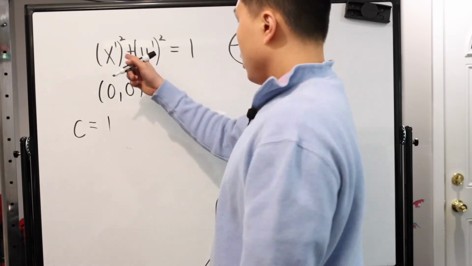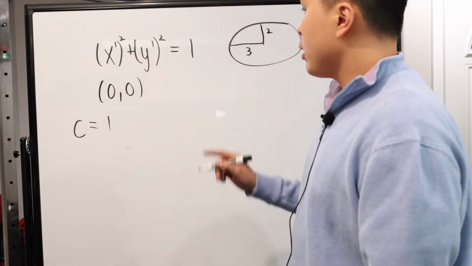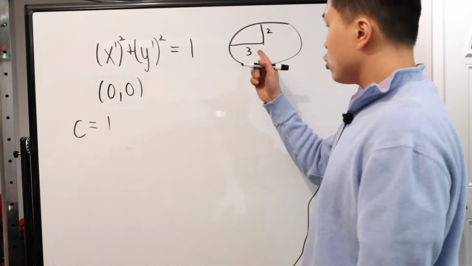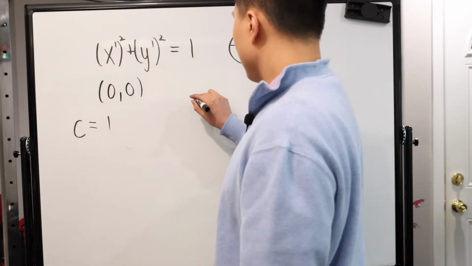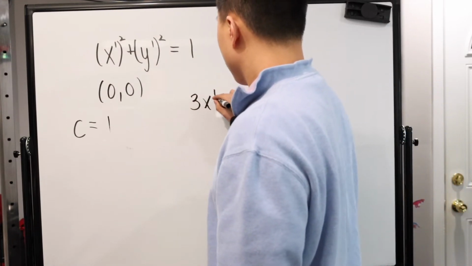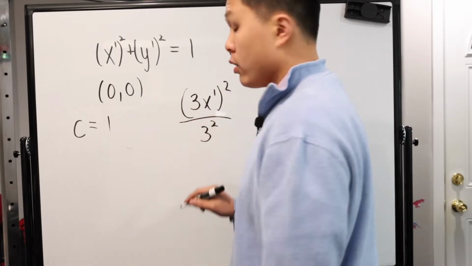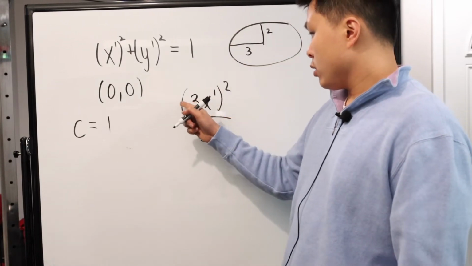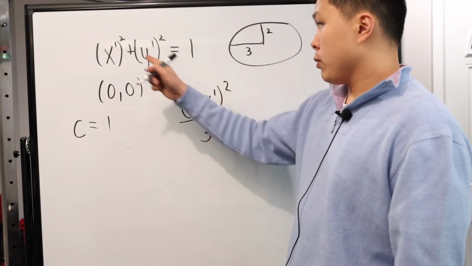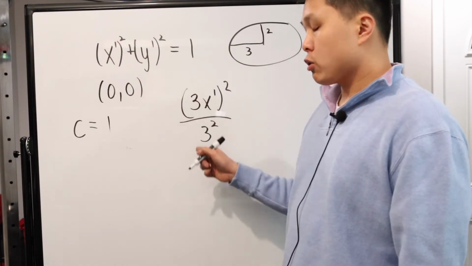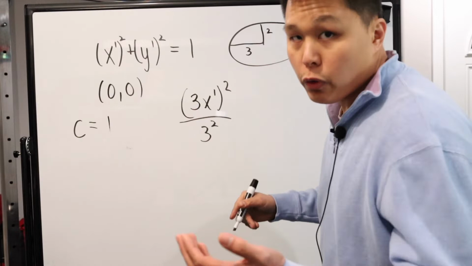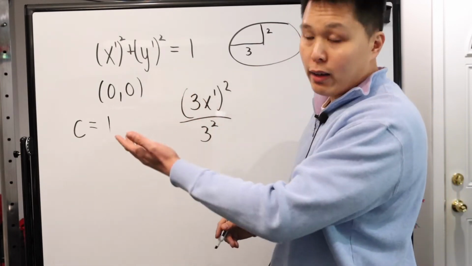So x prime squared is now going to be, if I wanted to stretch it by 3, 3x prime squared over 3 squared, which makes sense, right? Because the 3 squared would technically cancel out if you want to simplify. It's just 1, so you're allowed to do that.